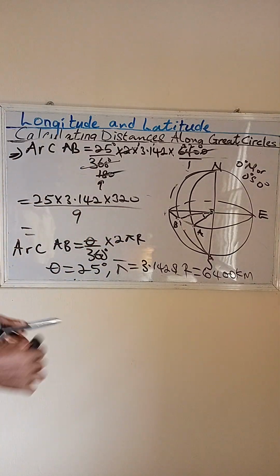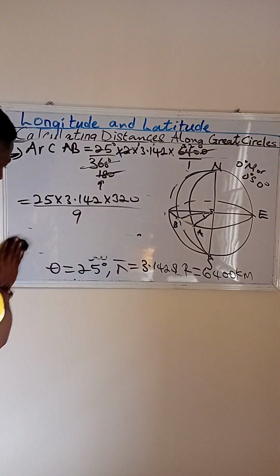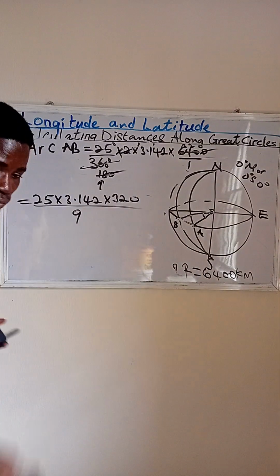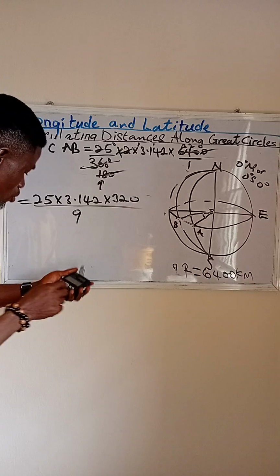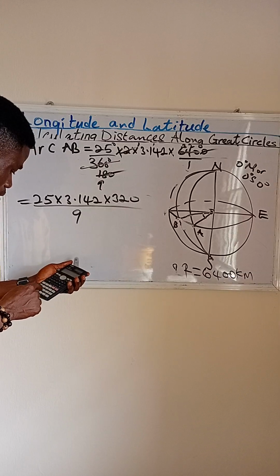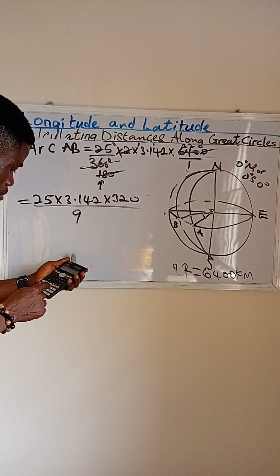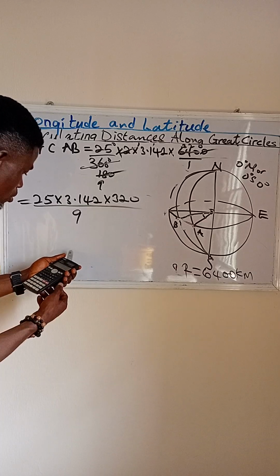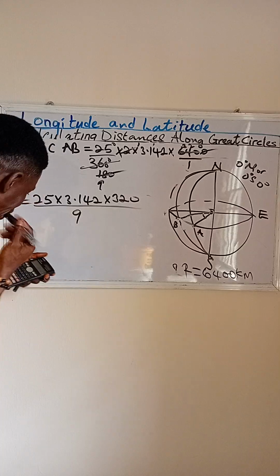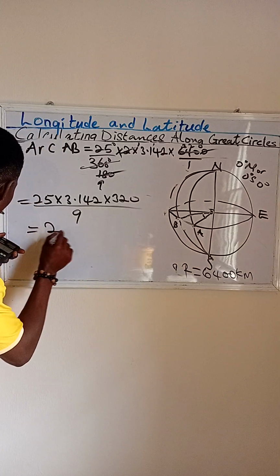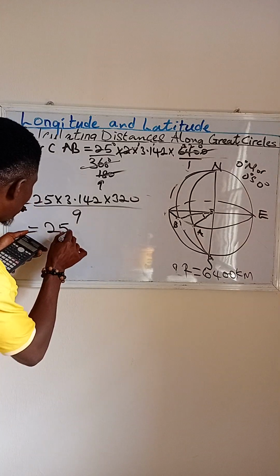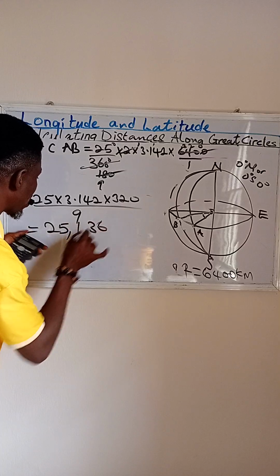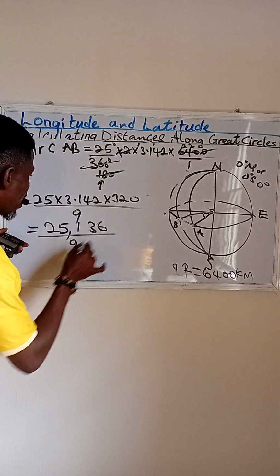Now let's multiply them together and see what we are going to have. We have 25 times 3.142 times 320. This gives us 25,136, then divided by 9.